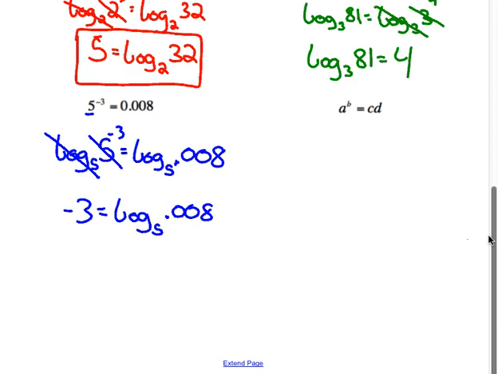And the other interesting thing is you can even do this when you don't have actual numbers. You can do this with variables as well. So here, notice I have base a. So that is what I need.